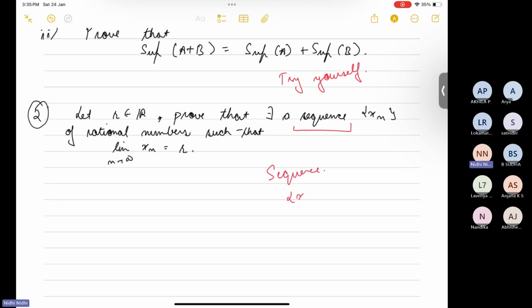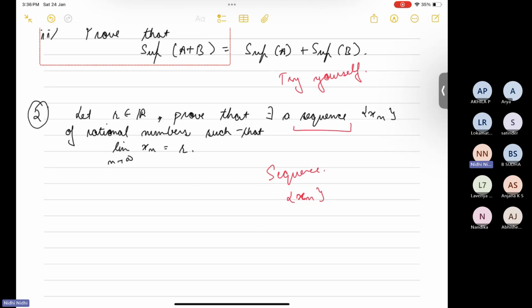When I say a sequence xn, what does it mean? An ordered collection of elements. So how many elements? Yeah, it is an ordered collection.